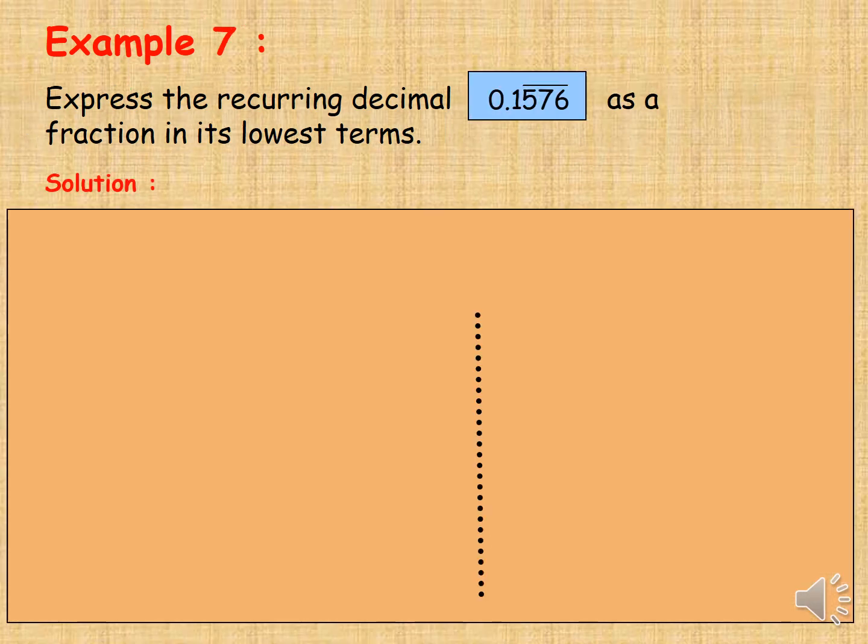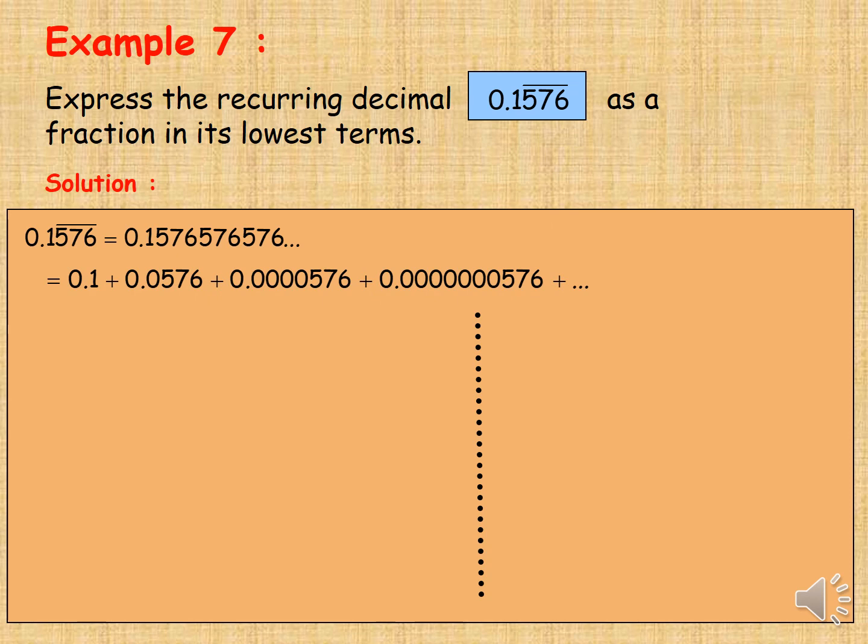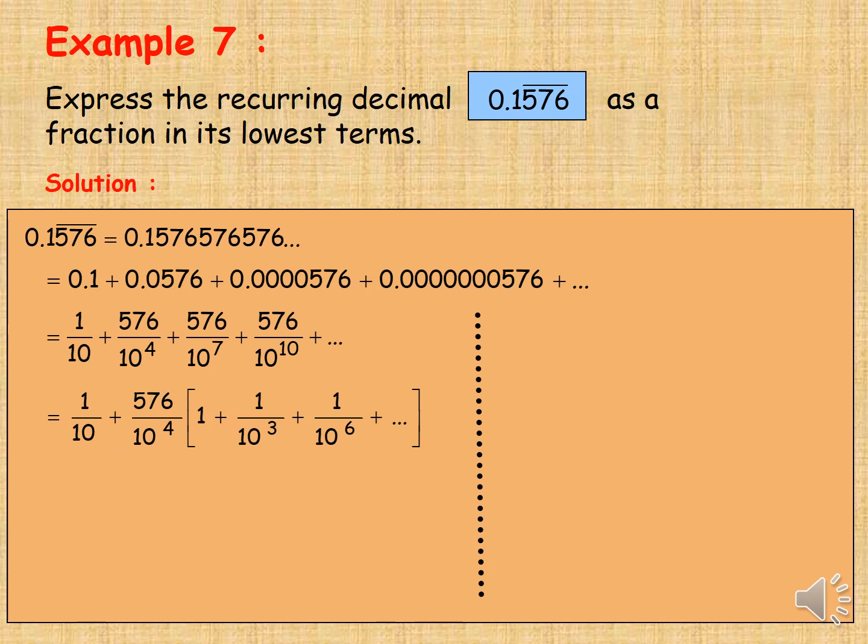Example 7. Express the recurring decimal 0.1576, when 576 is repeated, as a fraction in its lowest terms. Expand 0.1576 when 576 is repeated into a series. Simplify until we see the pattern of the sequence.